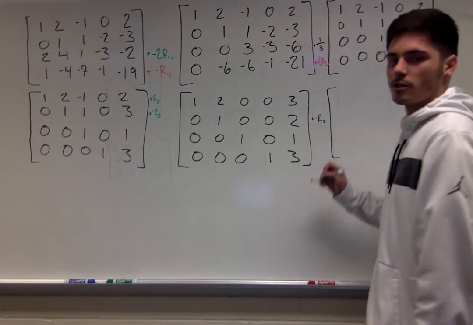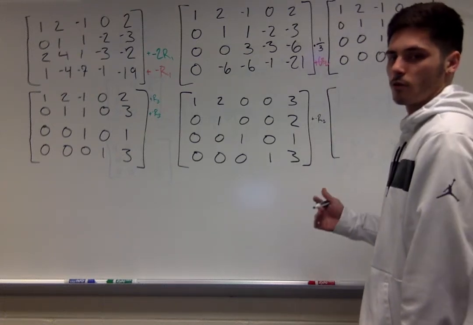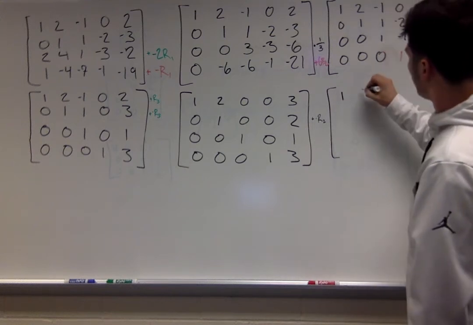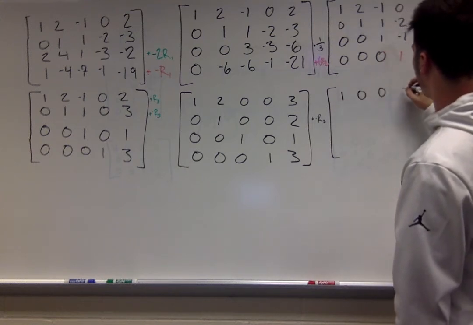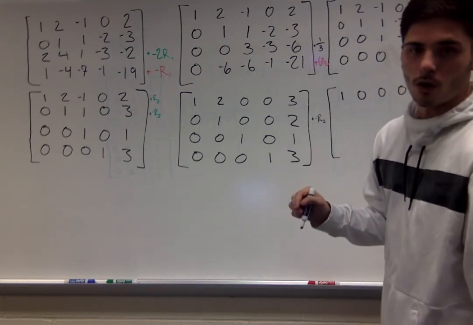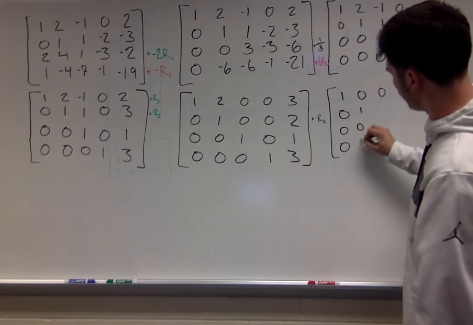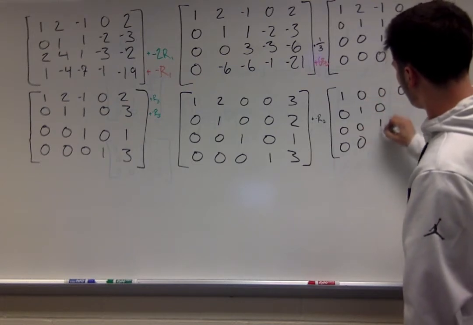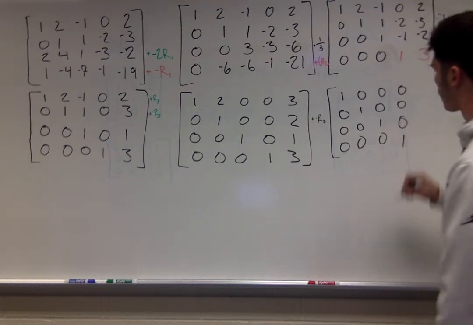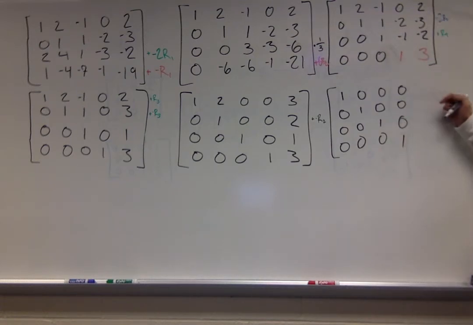So finally, our augmented matrix in reduced row echelon form is going to have the 1s and the 0s in this pattern. And our solutions are going to be right here: negative 1 for x, 2 for y, 1 for z, and 3 for w.